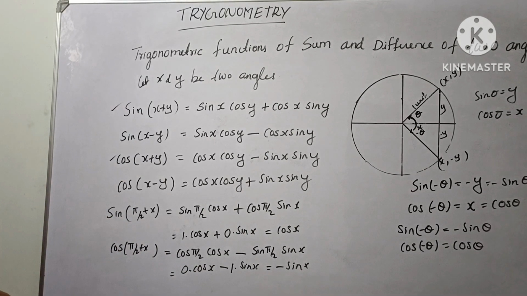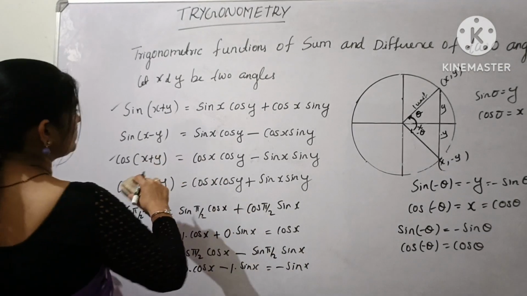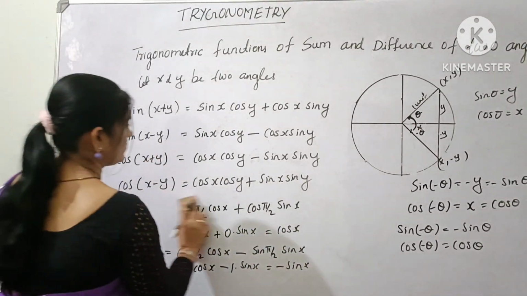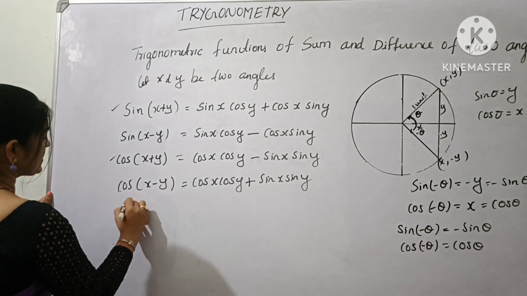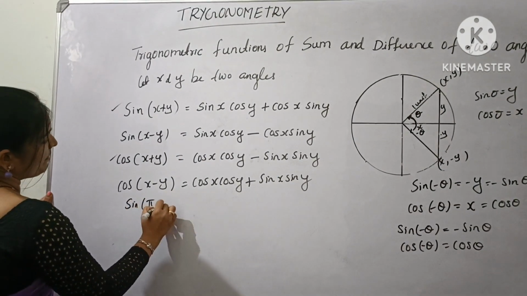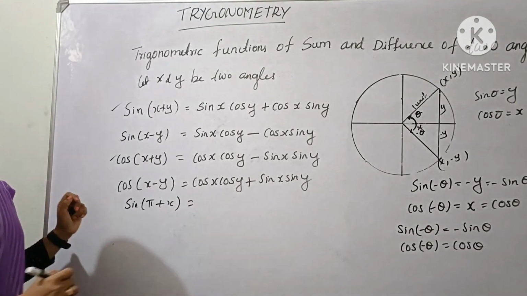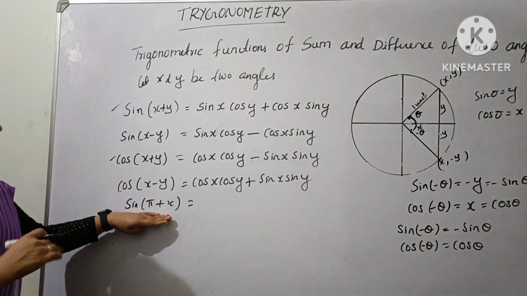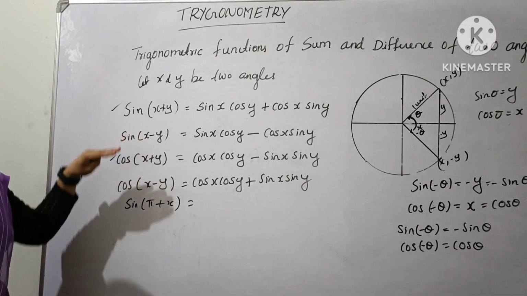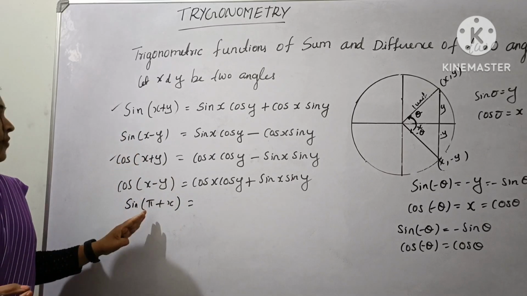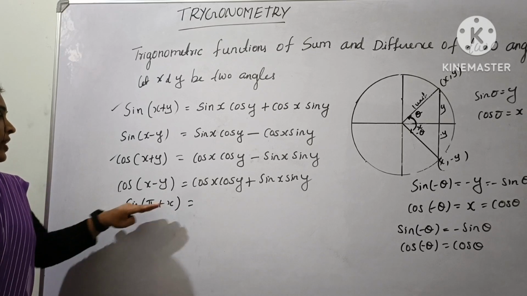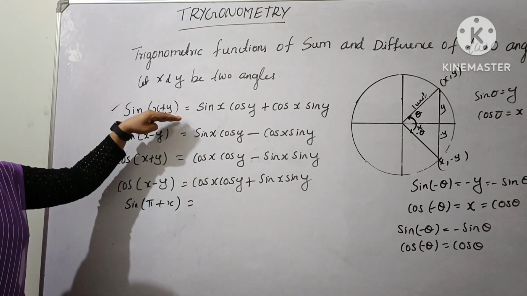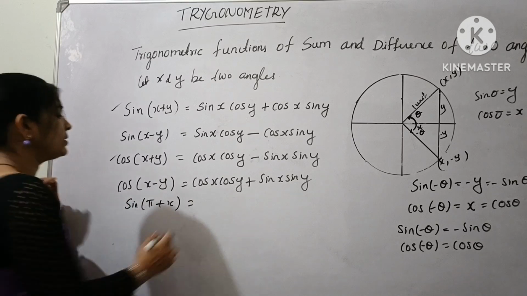sin of pi plus x. What is sin of pi plus x? It is also of the form sin of x plus y. Here in place of x, pi, and in place of y, x. So we can find this one using this formula. Substitute the values.